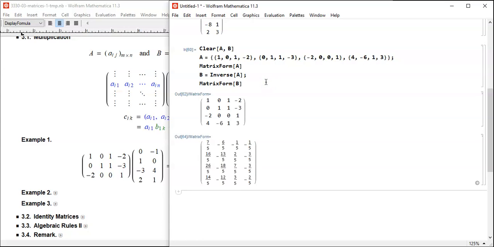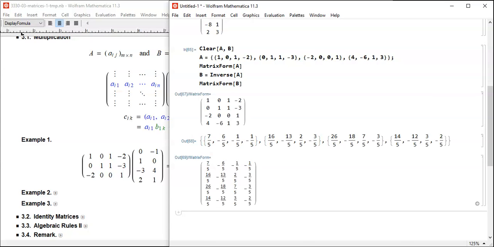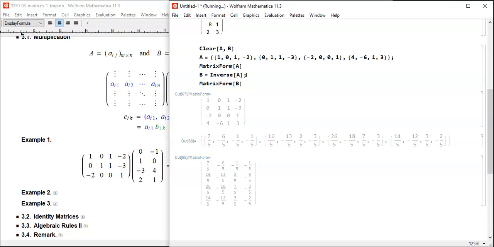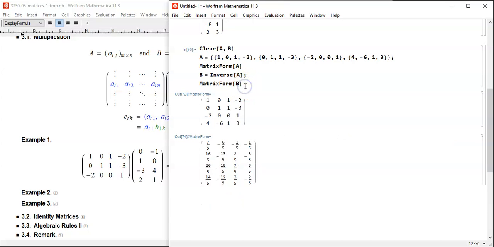So far, I didn't really change anything. So A is this, B is the inverse of A, and if I just calculate the inverse, then it'll spit out like this. It's a little bit hard to read, so show me in matrix form. That's what this last line did.